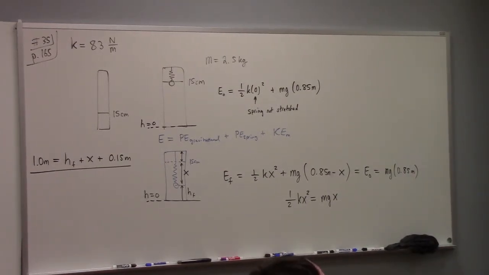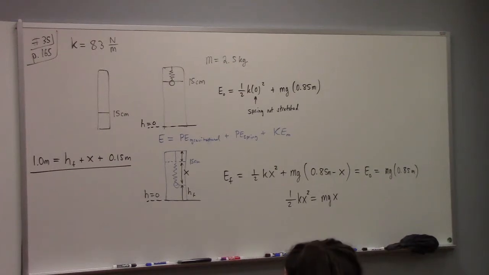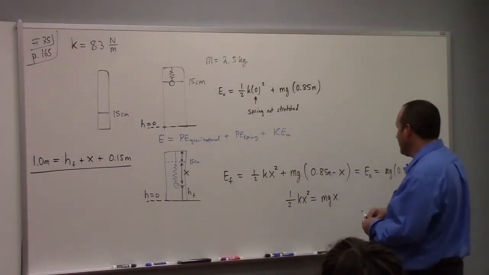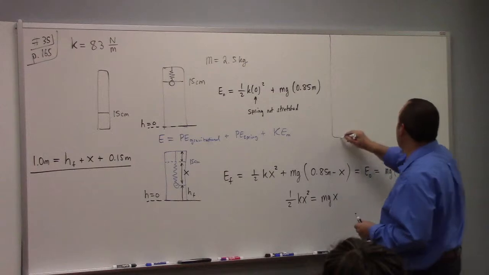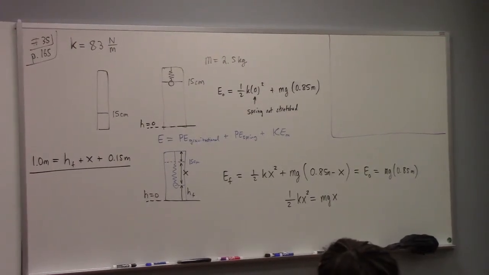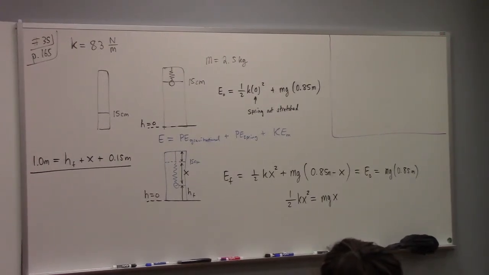So what I'm trying to get at here is maybe this is a better way to think about it. What's a better way to think about this problem, perhaps? Maybe we should think about the change in potential energy. The change in gravitational potential energy is equal to the change in what?